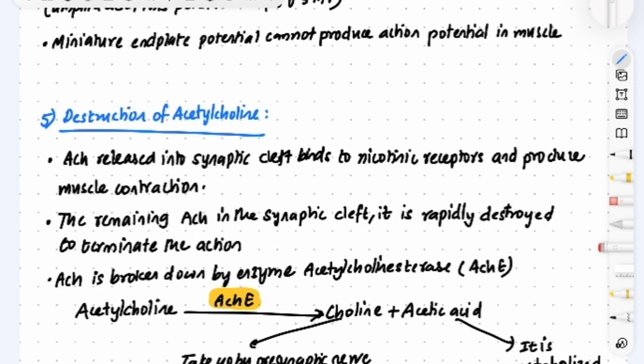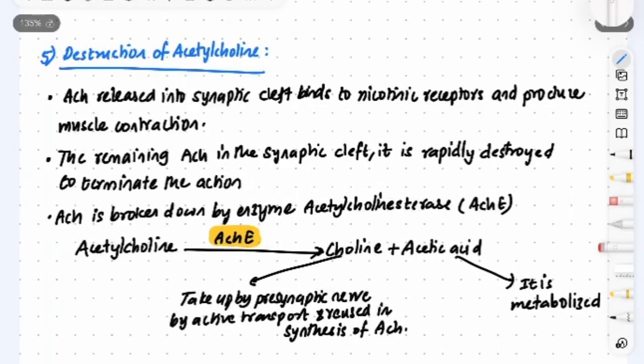Now what happens to the remaining acetylcholine present in the synaptic cleft? The remaining acetylcholine is rapidly destroyed to terminate the action. How is it destroyed? With the help of the acetylcholinesterase enzyme.